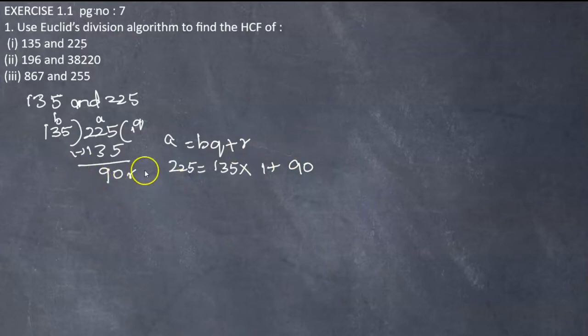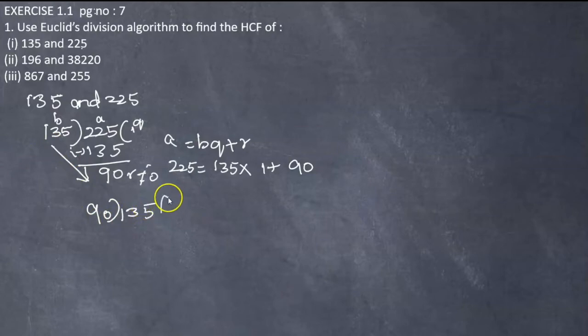So since R is not equal to 0, we have to repeat the same. So 90 and this 135 comes down here. So it becomes the dividend.